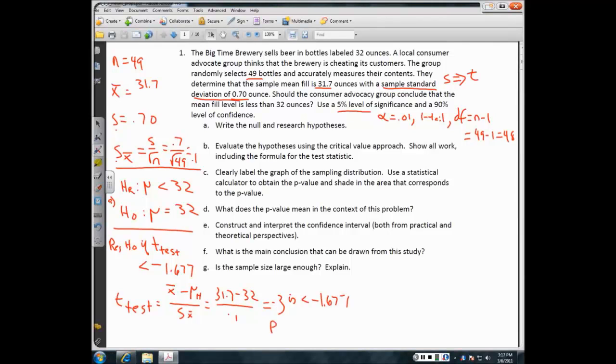So we reject H0 and conclude that mu is less than 32.